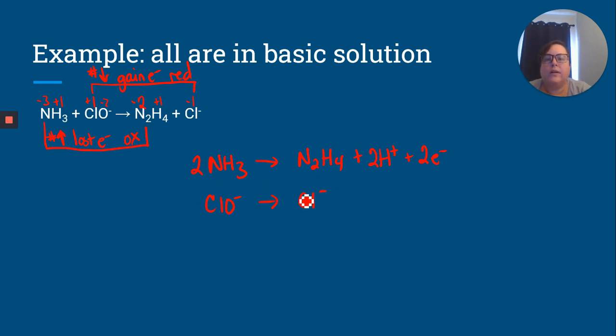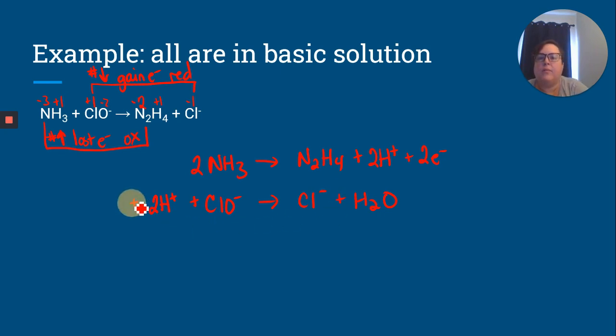So 1 chlorine, 1 oxygen, so we'll have to add a water. That gives us 2 hydrogens, so we'll have to add hydrogen ions. So we have +2 and a -1, so that's still positive on this side, and then we have a negative on this side.